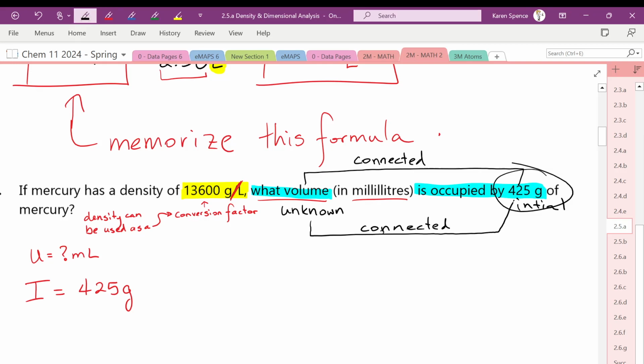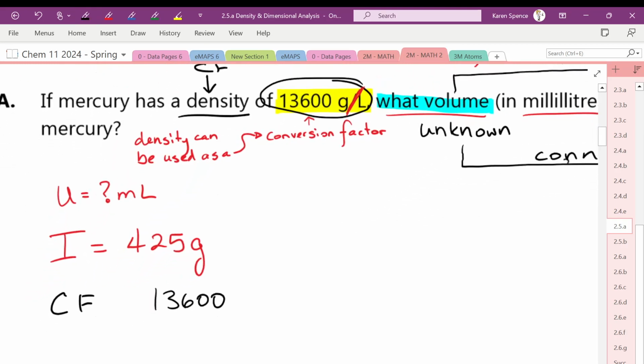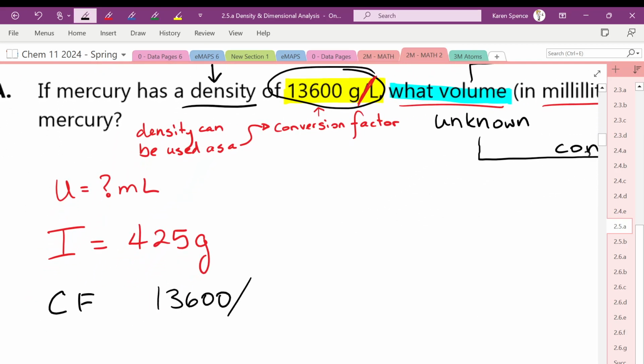And I said we can use density as a conversion factor. So our conversion factor, 13,600. Should I write it as a slash or should I do something else? Should I write it like this? No. What should I do instead? 13,600 grams over a liter. Okay. Excellent.